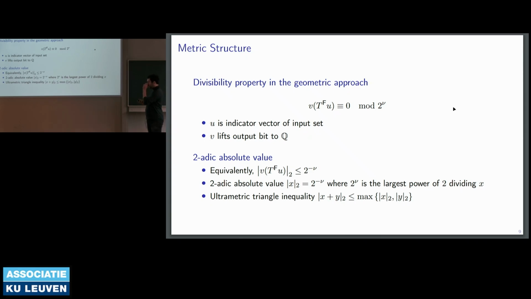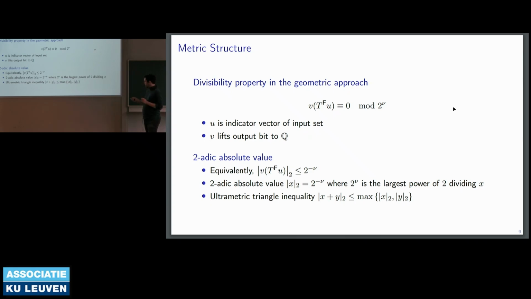We can also write this out, which is similar to taking the two-adic absolute value and showing that it is small. If it's 0 modulo 2 to the nu, then the two-adic absolute value will be at most 2 to the minus nu. This two-adic absolute value can be defined as 1 over the largest power of 2 that divides x, at least if x is an integer.